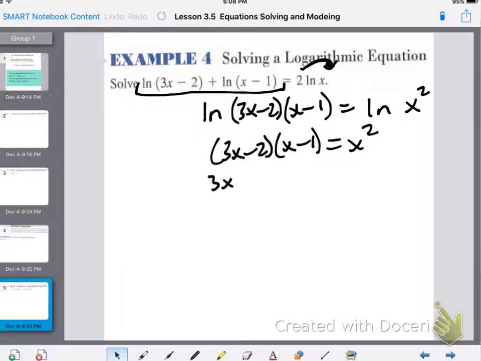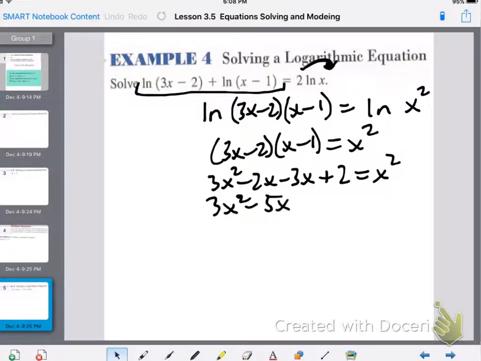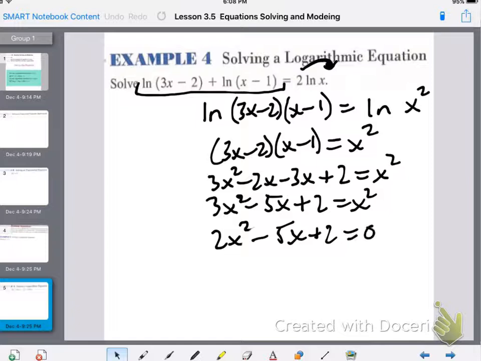Well, when I FOIL this out, what do I get here? Okay, so 3x squared minus 5x plus 2 equals x squared. Move the x squared over. That's a minus sign, not an equal sign. Okay, couple ways you could go here, guys.